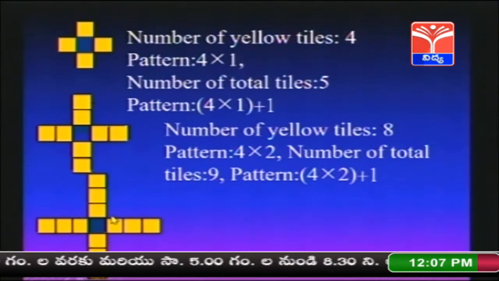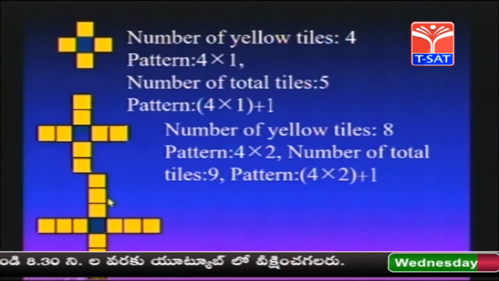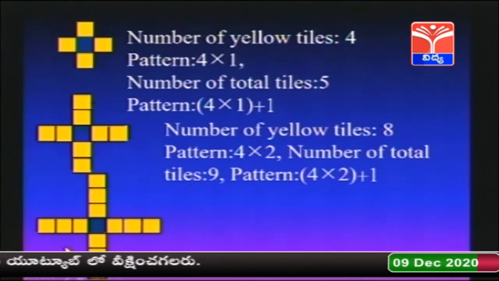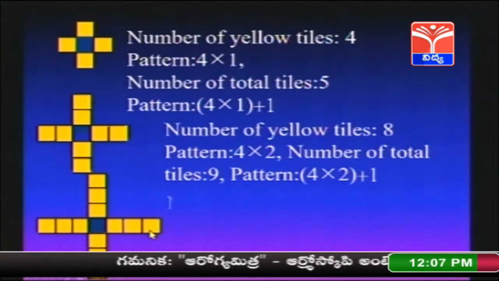Similarly, here also we can notice that the number of yellow tiles is 12, 3 on each side and 1 in the middle. So in total there are 13 tiles. So here 3 into 4, 4 sides, 4 multiplied by 3, 12 tiles plus 1. So what do you notice here?